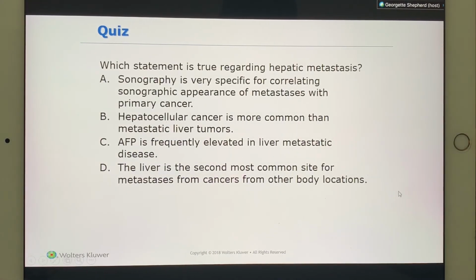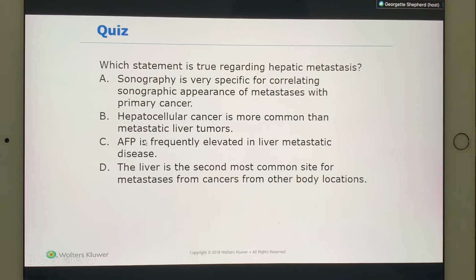Okay, which statement is true regarding hepatic metastasis? I would say it would be D. Yeah, because alpha-fetoprotein comes with HCC, not if you have metastasis to the liver.